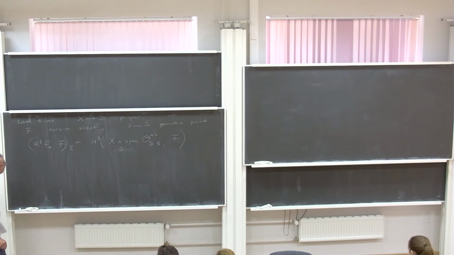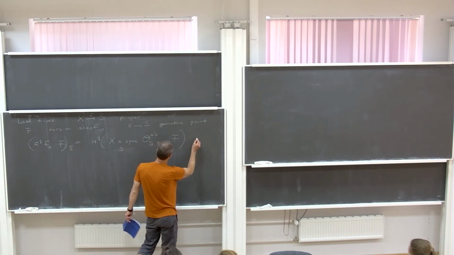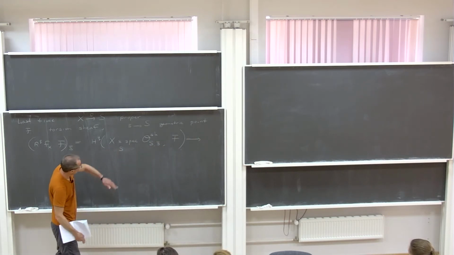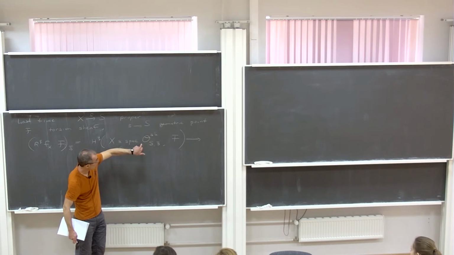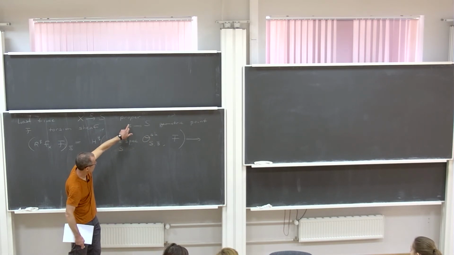So, and now here we have the restriction map. So this is a local ring whose residue field is the residue field of S bar.